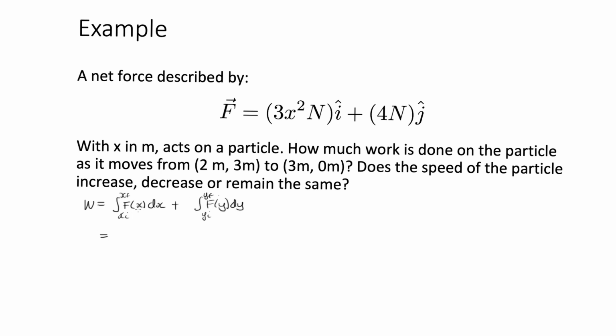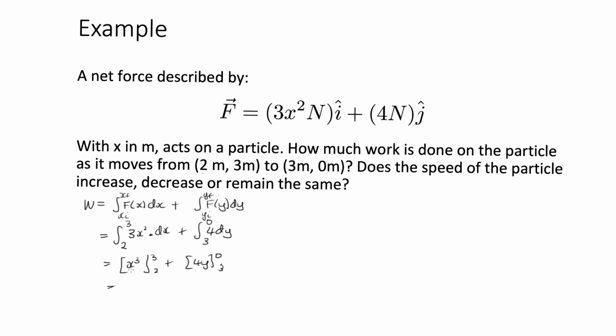So in the x direction, we've got the force 3x squared newtons, so we're doing the integral of 3x squared dx, and x is going from 2 meters to 3 meters. And in the y direction, we've got the integral of 4 newtons times dy, and y is going from 3 to 0. So integrating this, I've got x cubed, evaluated at 2 and 3, and for the y part I have 4y evaluated at 3 and 0.